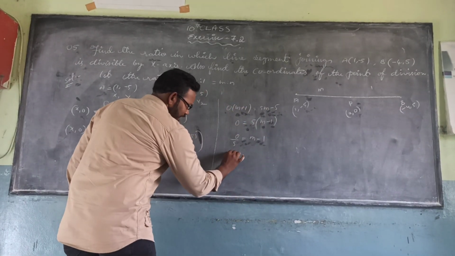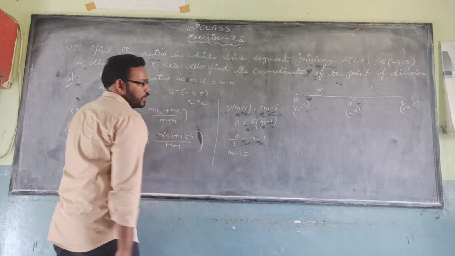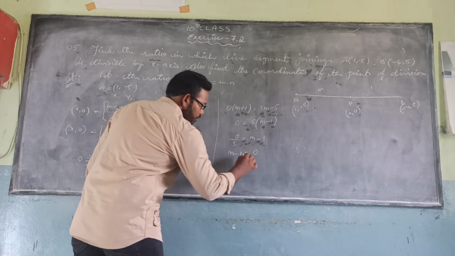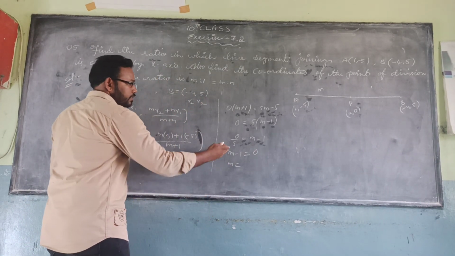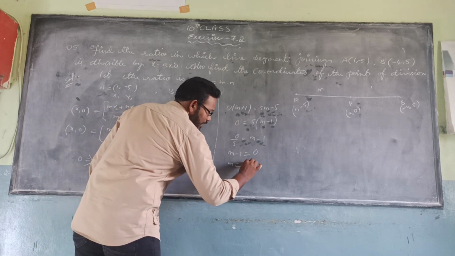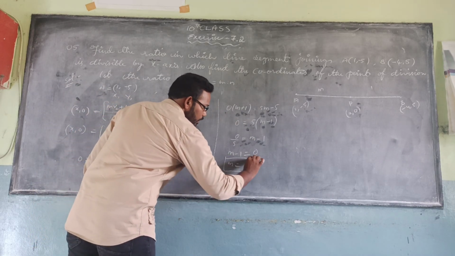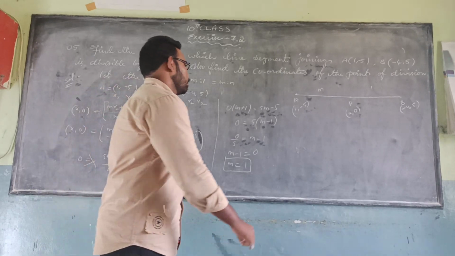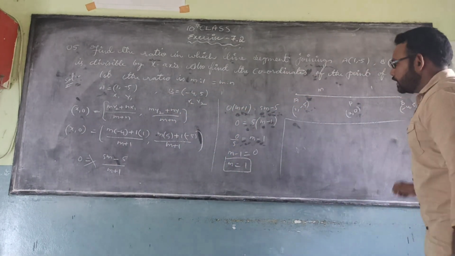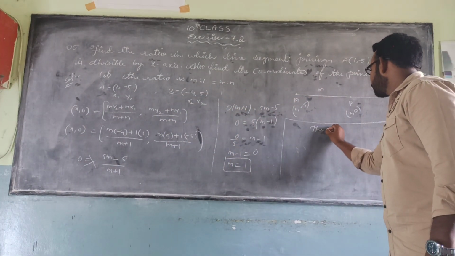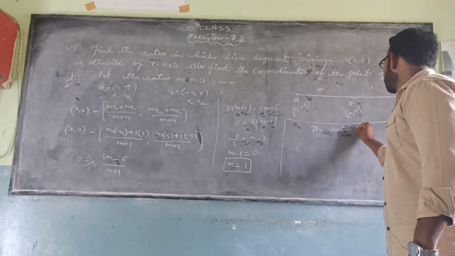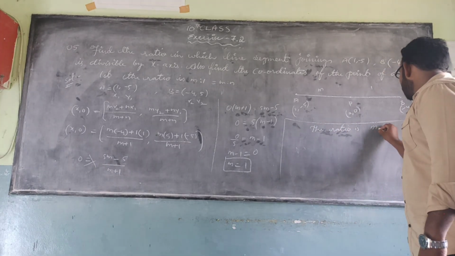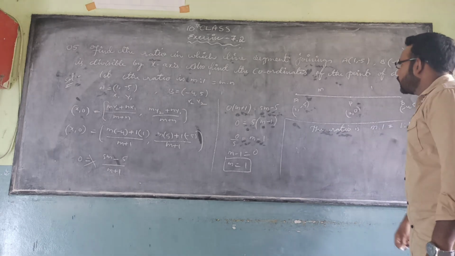So m minus 1 is equal to 0. If you transfer minus 1 to the RHS, it becomes plus 1. So m is equal to 1. This is the value of m. So here the ratio m is to 1 is equal to 1 is to 1.